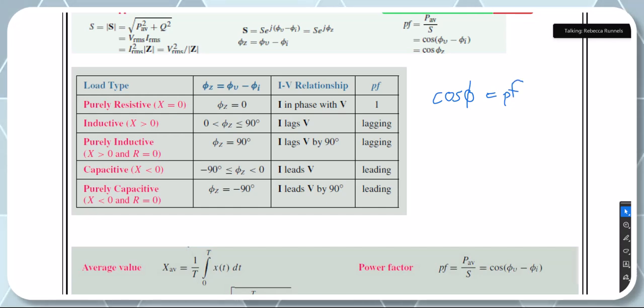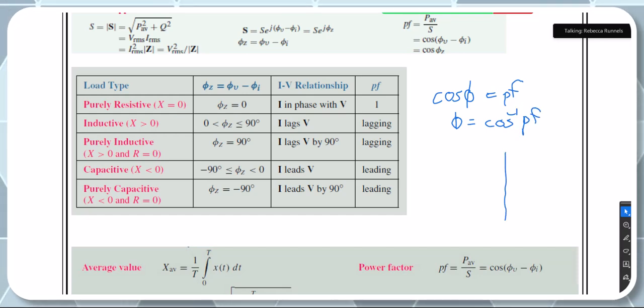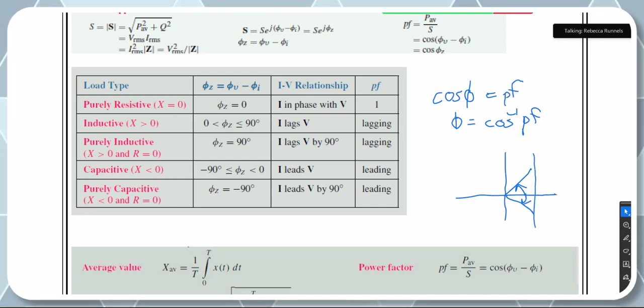But if you're just given the power factor, then phi equals the inverse cosine of the power factor. The problem with that is, if I take this angle and find its cosine, or I take this angle and find its cosine, they both have the same cosine because the cosine is the x value. The calculator is only going to give you the positive value.